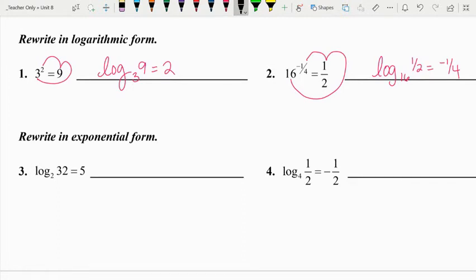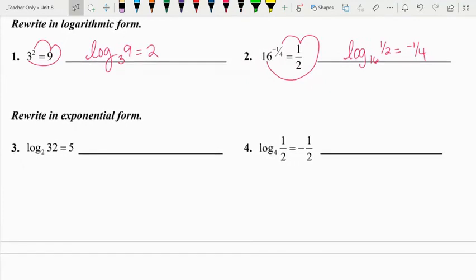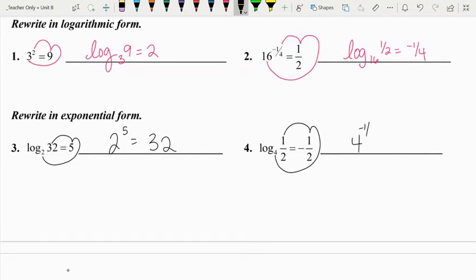The next one says rewrite it in exponential. So it's the same thing. We are just going to write it as an exponent. So this would be 2 to the 5th equals 32, which is a true statement, so we know we did that right. Next one is 4 to the -1/2, which would be 1/2, which is basically saying the square root of 4, which is 2, but negative, meaning that it would be, oh, it's positive 1/2 in the denominator.